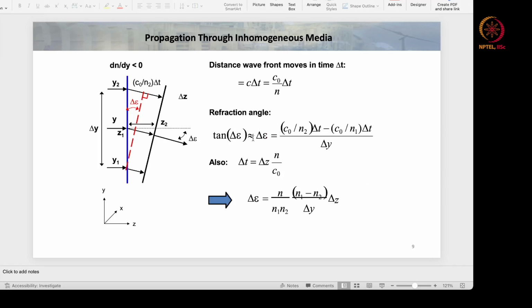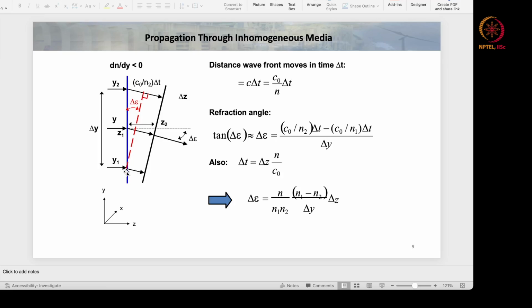So how do you calculate delta epsilon? You consider this value, which is c naught by n2 into delta t. This is the distance that it traverses. Then you subtract out c naught by n1 into delta t, which is this particular distance that it traverses. So you're left with this, and then you divide it by delta y.